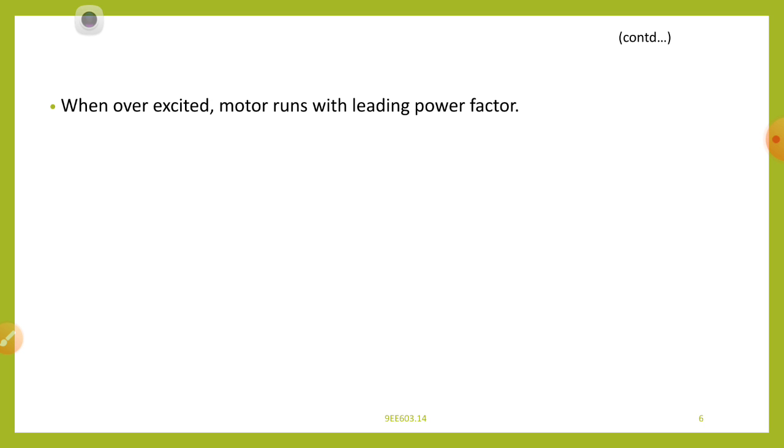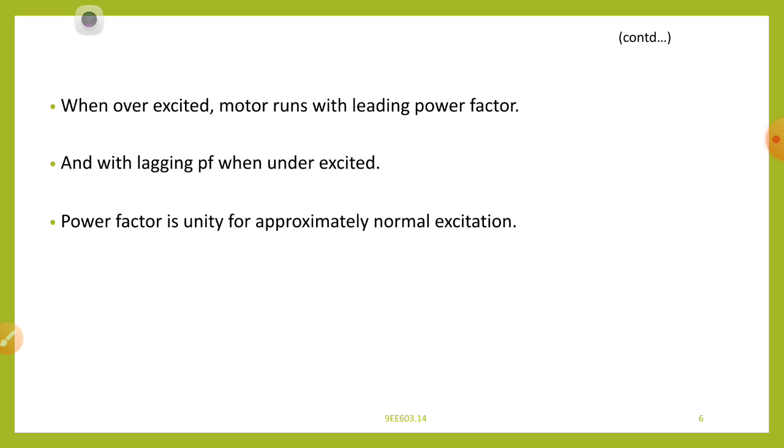We have also seen that an excited motor runs with leading power factor in the over-excited condition. It is connected in parallel with other motors in industries to improve the power factor, and runs with lagging power factor when under-excited. If induction motors are fewer, we use a simple synchronous motor in the under-excited condition.